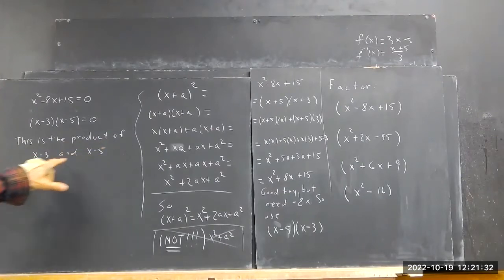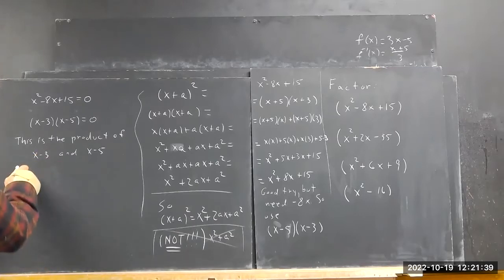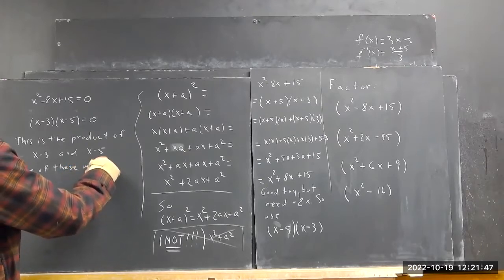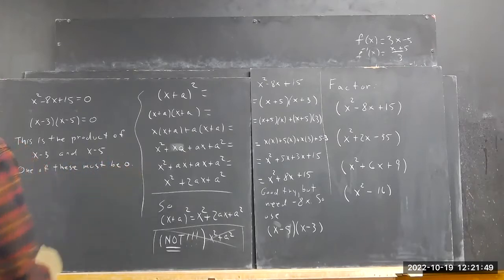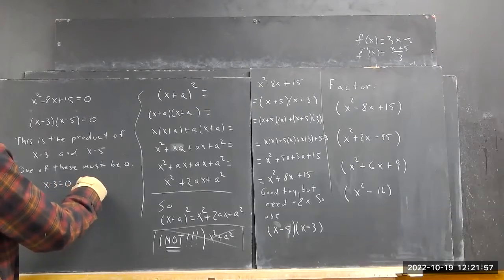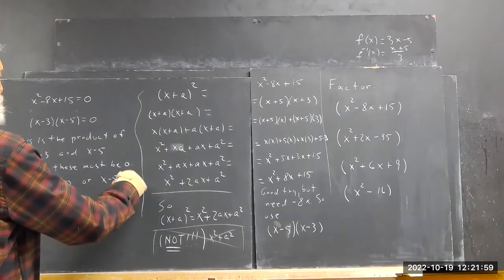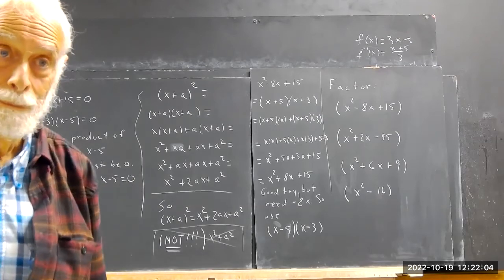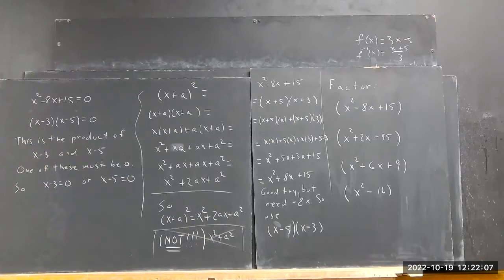Whatever x is, this is going to be a number and this is going to be a number, right? But one of these has to be 0. So x minus 3 is 0 or x minus 5 is 0. And that's actually very simple.